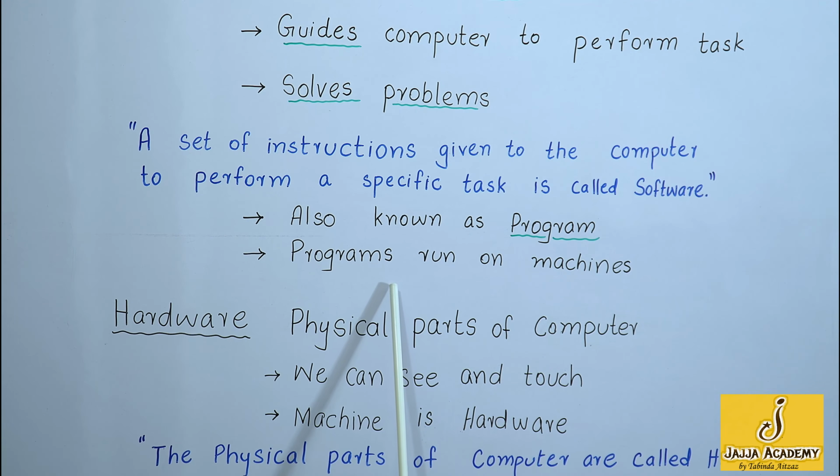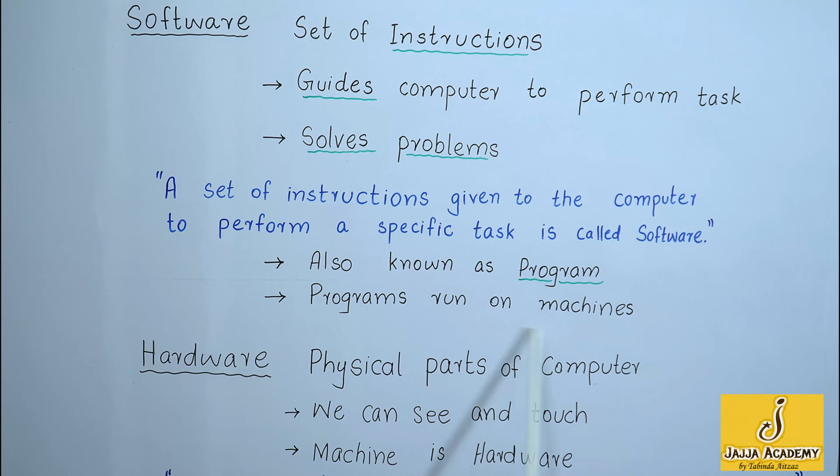For example, you play games on your mobile or on your tab, computer, etc. Then computer, tab and mobiles are machines or hardware, and the games you have installed on them are programs. Machines are hardware and programs run on hardware.